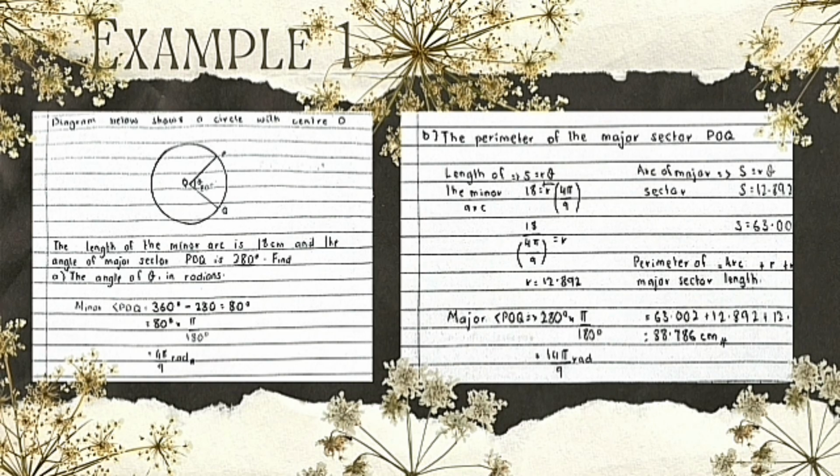We can find the radius using the length of arc formula. After we find the radius, we need to find the angle of the major POQ. After we get both of the values, we can substitute them into the formula for arc length. We can find the perimeter of the major sector POQ after we get both the arc length and radius values.